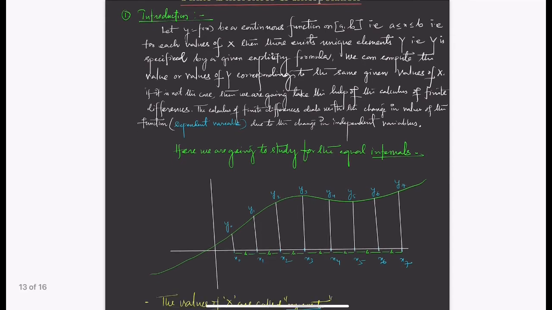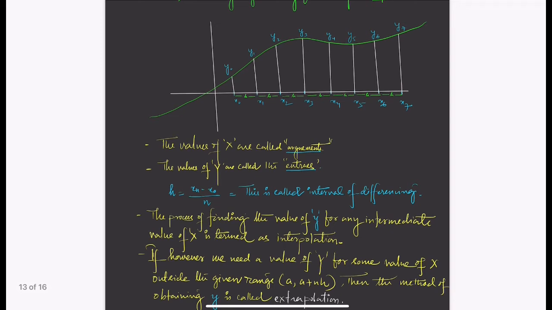n parts. You can see here the values of x, each of these values, are called arguments, okay? These x1, x2, x3 are all called arguments, and the functional values with respect to these are called entries. So these are the entries with respect to the x0 argument. This is the entry y1 with respect to x1.